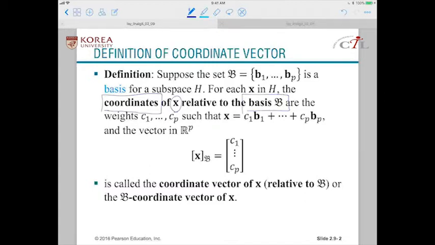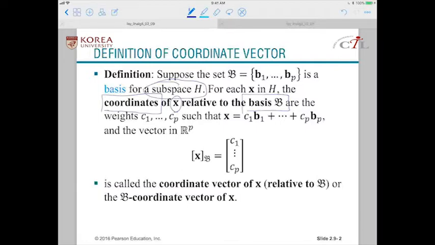Initially the situation is we are given a subspace. Maybe that subspace is a plane out of this three-dimensional space. So a plane is a subspace, right, in the three-dimensional space. Suppose we are given that subspace, and then we pick one point from that subspace.